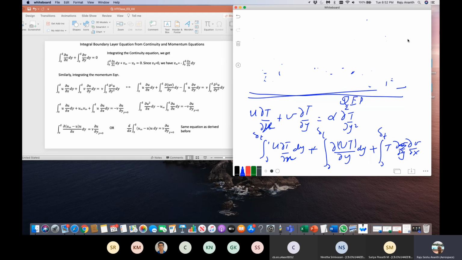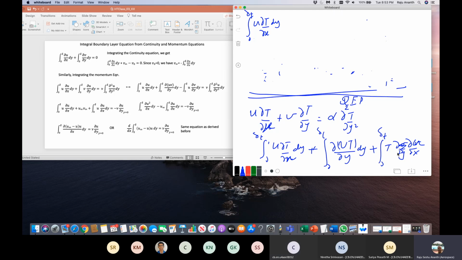Basically what I have from the energy equation, same steps: the integral from 0 to the thermal boundary layer delta T of u dT/dx dy. So dv/dy is du/dx.